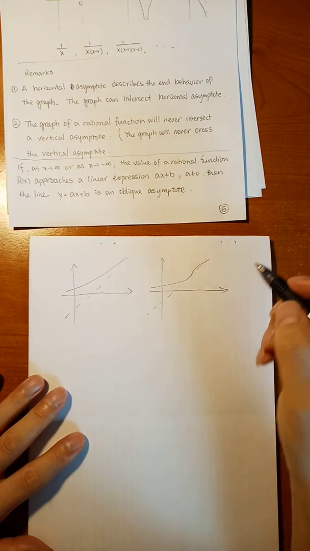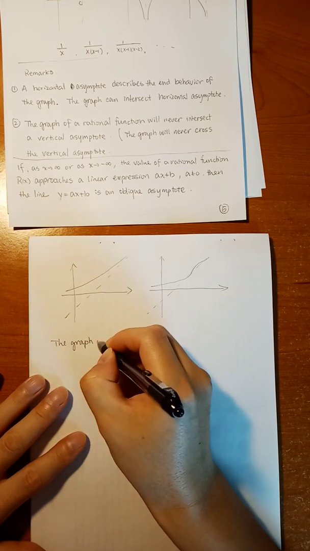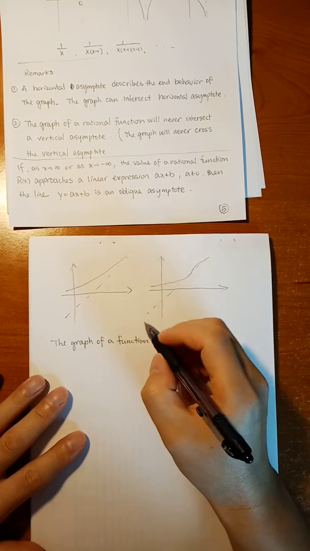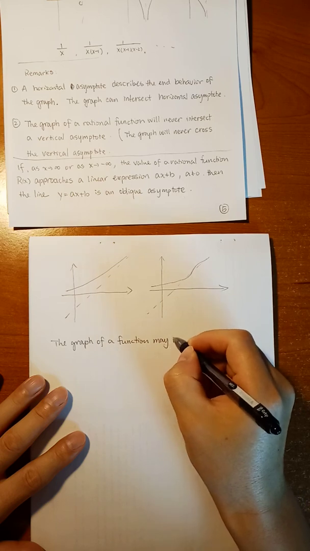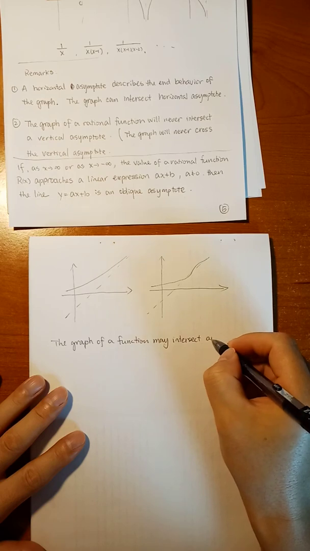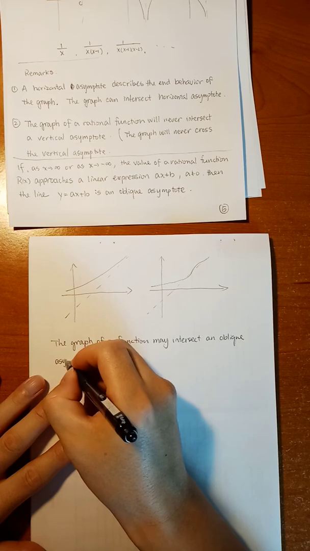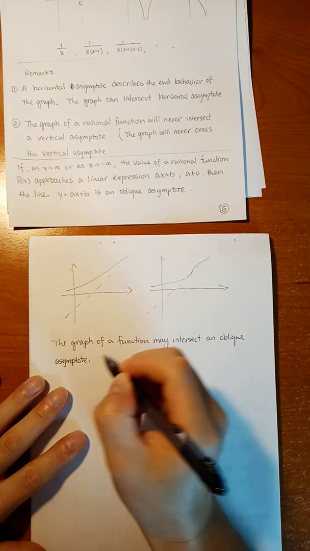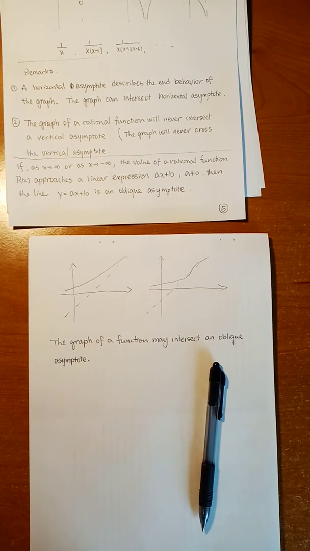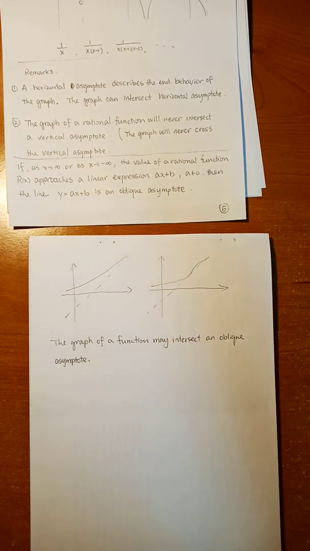So if you have something like this, we just say the graph of a function may intersect an oblique asymptote.